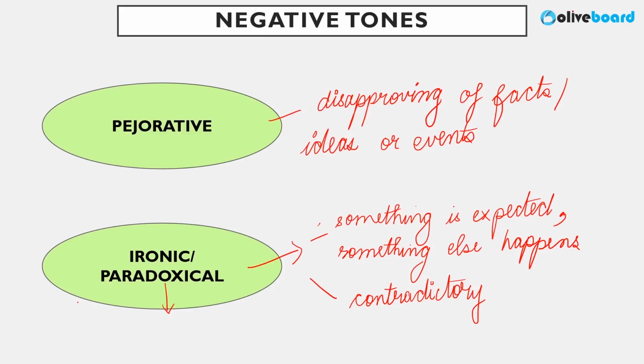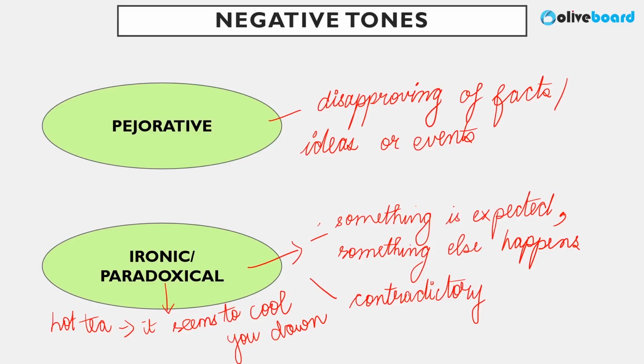Similarly, if I can say if you drink a cup of hot tea, it seems to cool you down. So if you will have a hot tea, it seems to, very simple, okay? It seems to cool you down. So this is self-contradictory statements because we are saying we'll have hot tea, but it is cooling you down. Okay, that will be the effect. So this is something contradictory, something expected but something else happens. That is a ironic or contradictory or paradoxical tone.